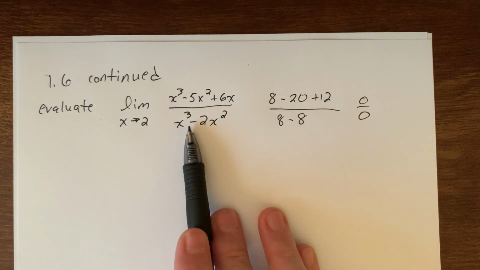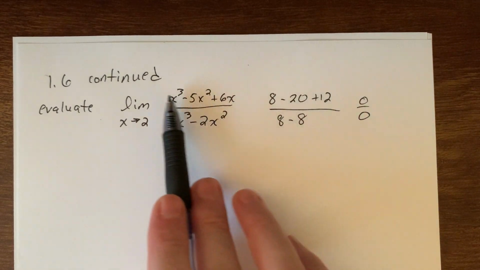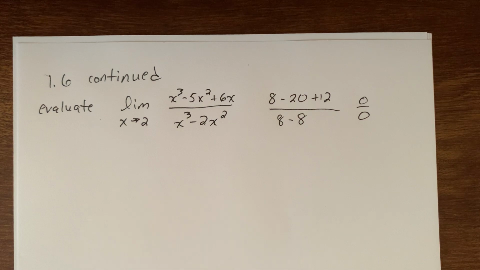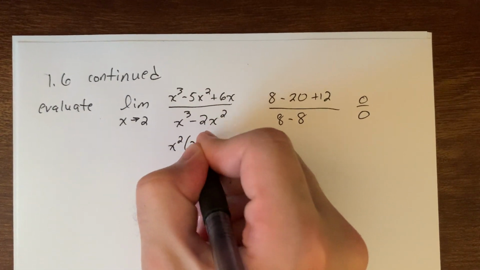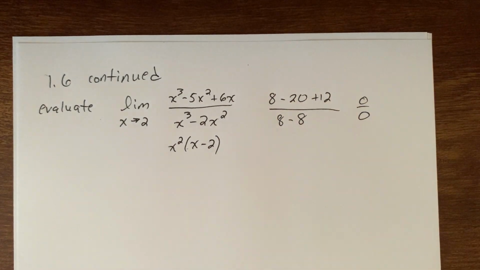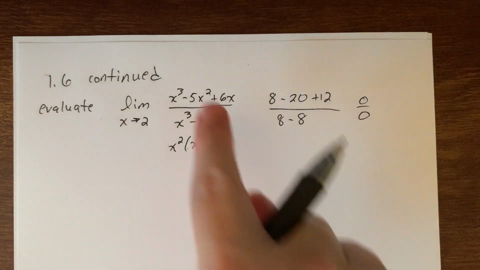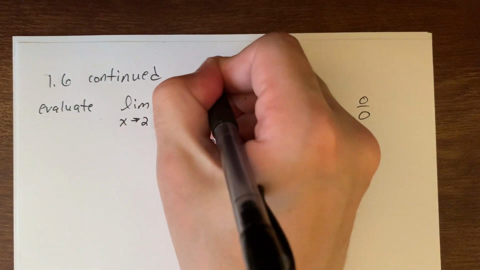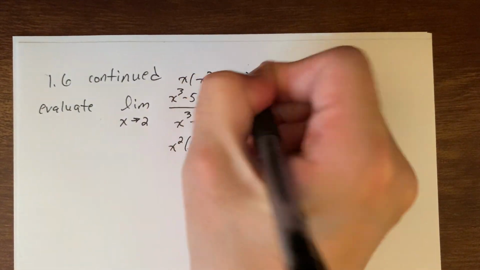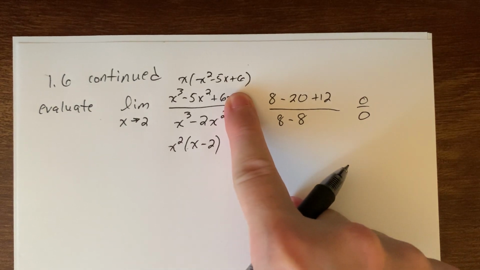In this one, just like I showed in the previous, I'm going to do a lot of factoring. I could see factoring works. The bottom is simple, a GCF of x squared, and then x minus 2 is left behind. In the numerator, I've got a common x that comes out, and that's what's left behind.